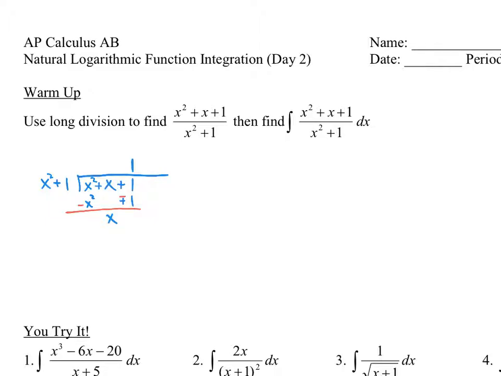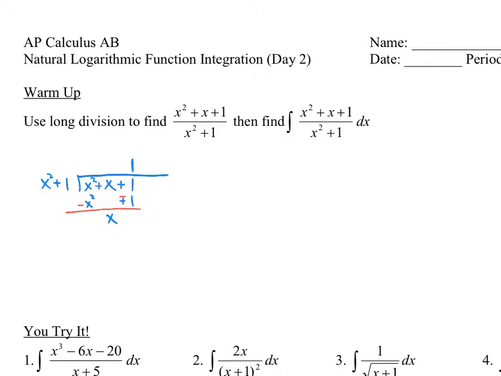Okay? Now, there's a couple of ways that you can help yourself understand when you're done and just need to write your remainder. The easiest way is look at what you have down here. It's just x to the first power. That's a lower power than what you're dividing by.